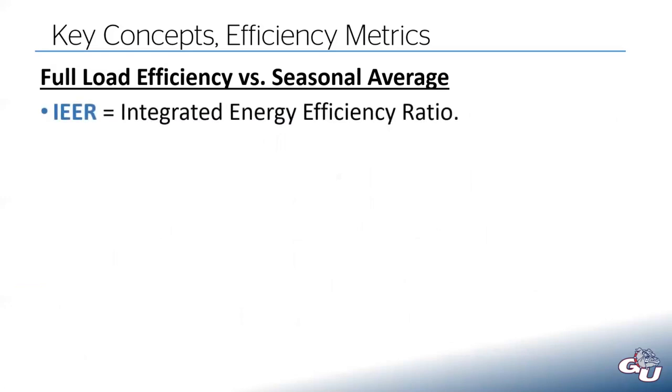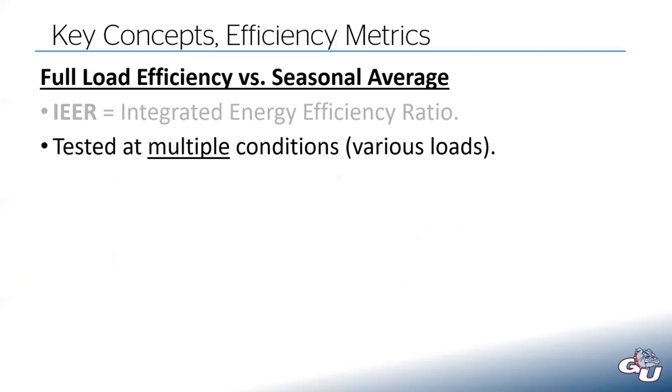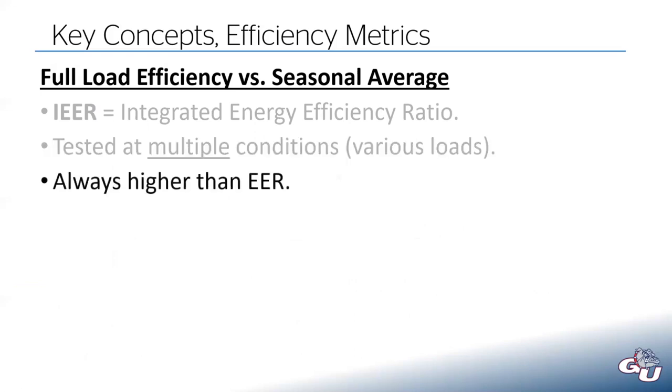One of the most common ones is the IEER, which is the integrated energy efficiency ratio. And the big difference here with the regular EER is this gets tested at multiple conditions with various loads. The IEER should always be higher than the EER. And I'll have an equation here that'll help illustrate that.